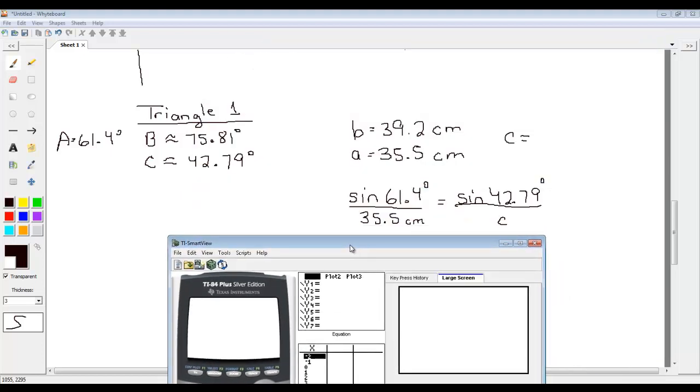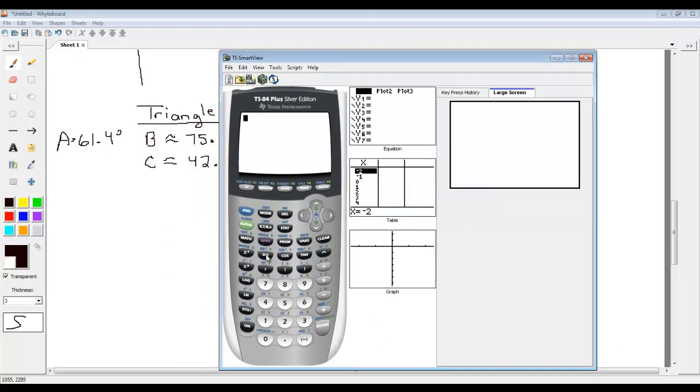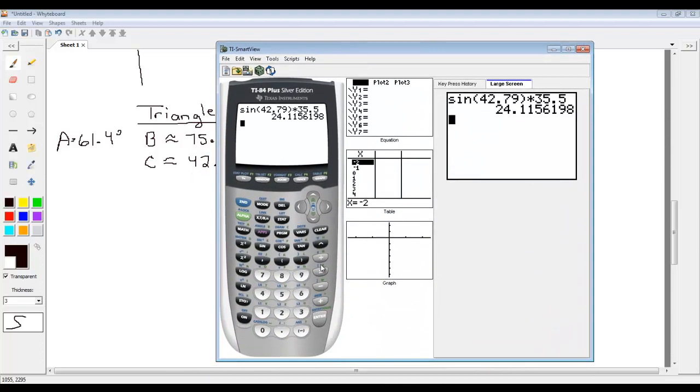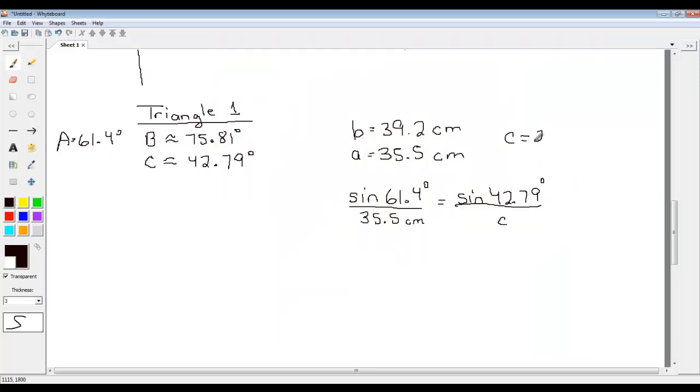You take sine of 42.79 times 35.5, and then divide by sine of 61.4. And you get around 27.5 centimeters. So that's one possible scenario.